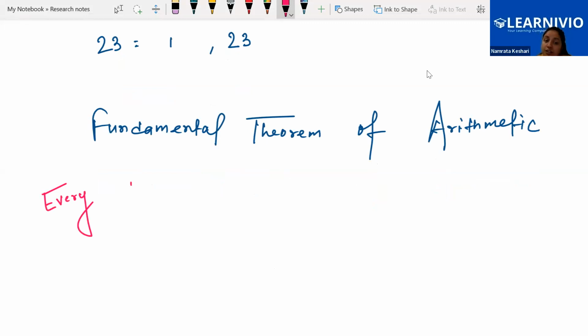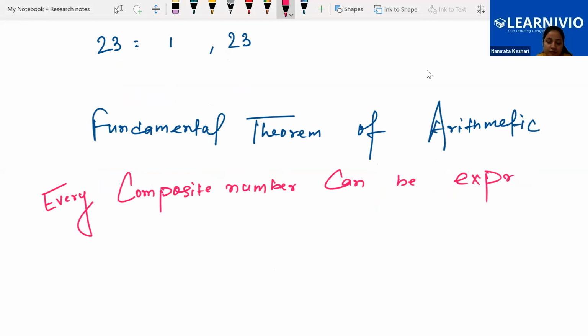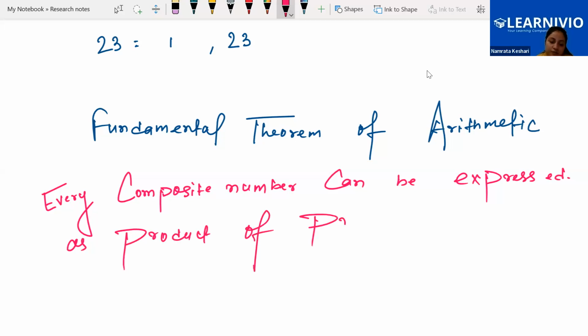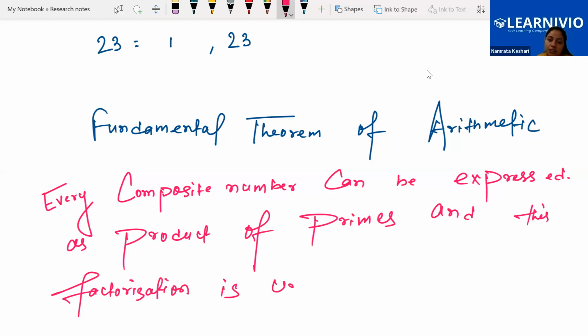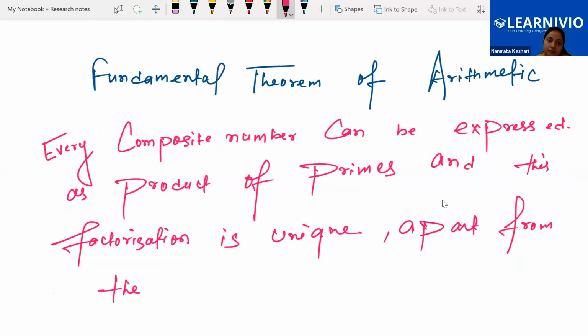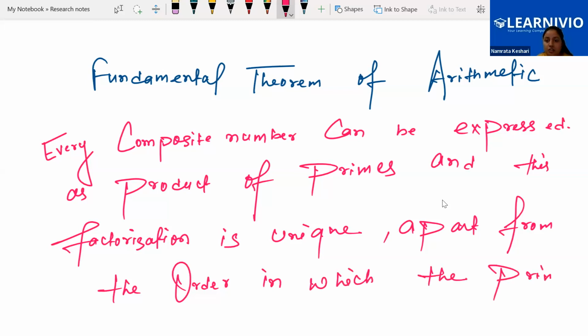So the theorem says that every composite number can be expressed as a product of primes, and this factorization is unique apart from the order in which the prime factors occur.